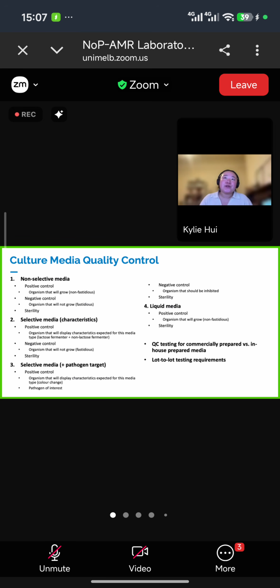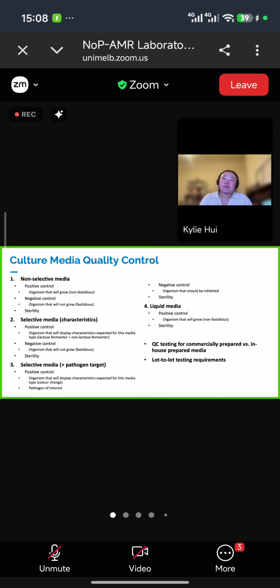The positive control is an organism that will grow, so a non-fastidious organism. Our negative control will be an organism that will not grow, for example, a fastidious organism. More importantly, we also need to look at the sterility because with agar and media, it's really important that our starting product is sterile to begin with.